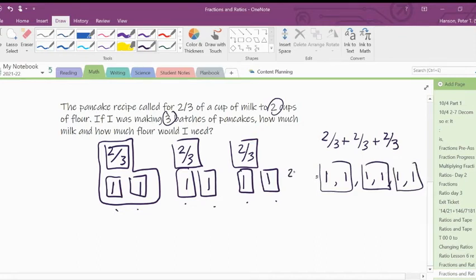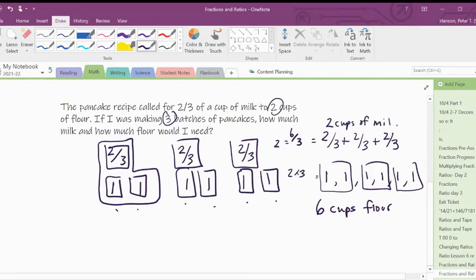So 2 times 3, which is 6 cups of flour. And on the top, I've got 2/3 plus 2/3 plus 2/3. If I add those together, I have 6/3 of milk, and I can see visually that 3 is half of 6, so this is really equal to 2 whole cups of milk.